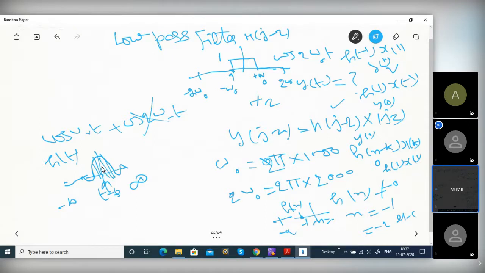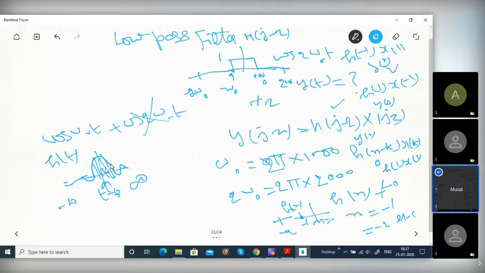Are you understanding this? Because it is non-causal, right? See, a practical system must be causal actually. If you realize this, output will depend on the future input, which is not possible. Output cannot depend on the future input. Output can depend on present and past input, not future.